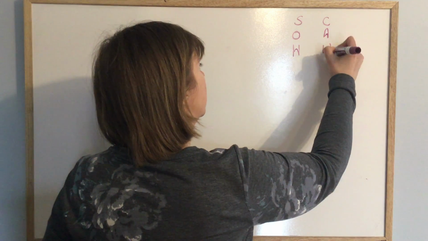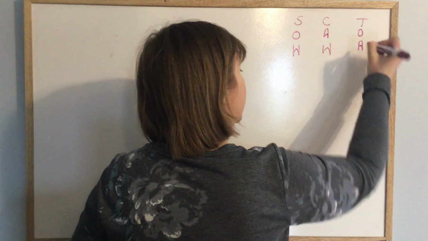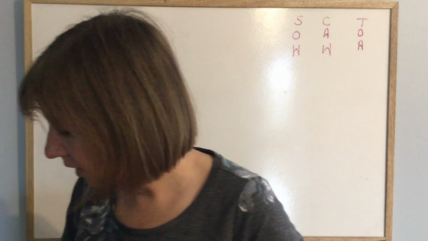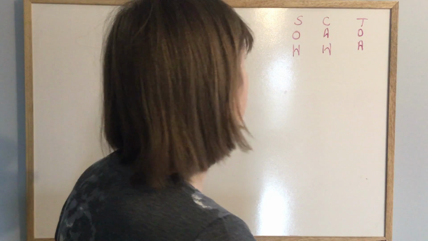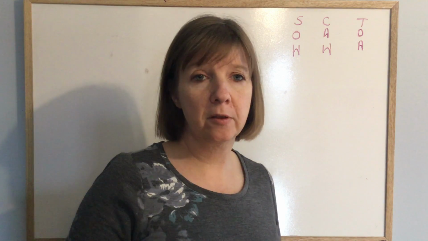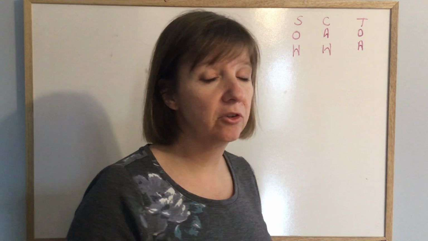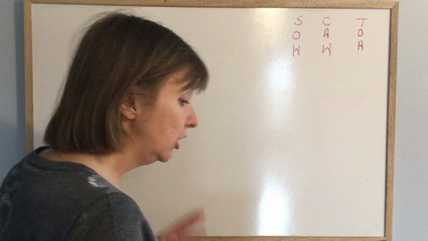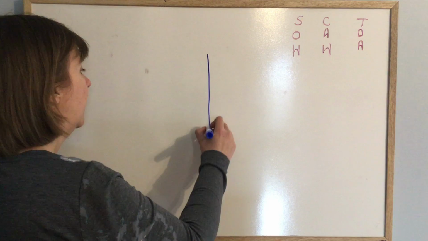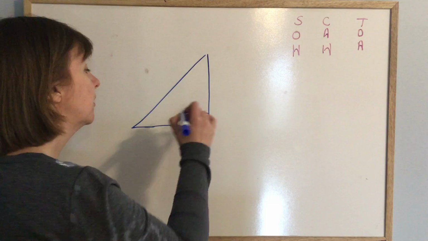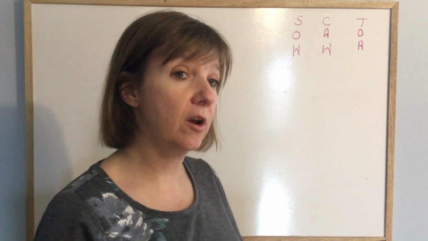Hopefully you all remember SOHCAHTOA. Again, if you are in or were in physics, we were doing that quite regularly, so it should be pretty fresh in your mind. But we only use SOHCAHTOA when we have specifically a right angled triangle.